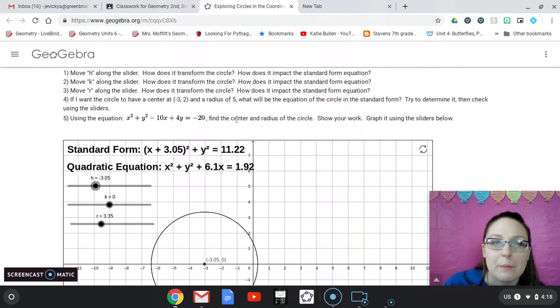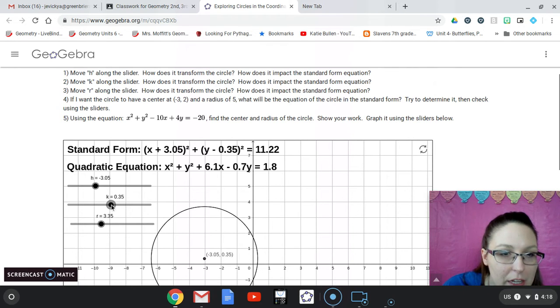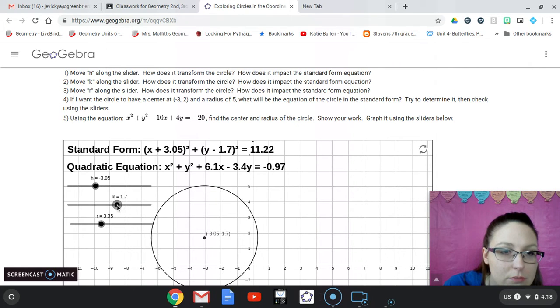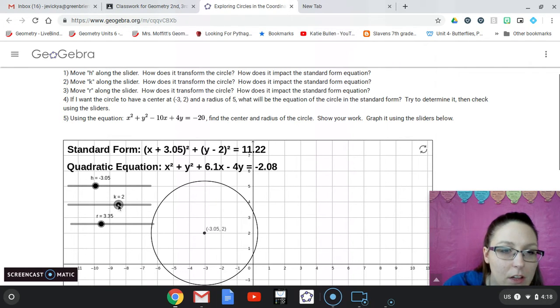That's close enough. Then 2 is the y value, so I'm going to take k and put that at 2. All right, so my center is at (-3, 2).